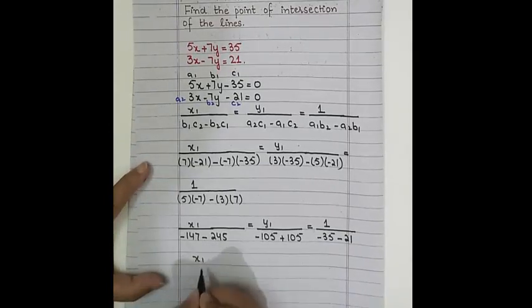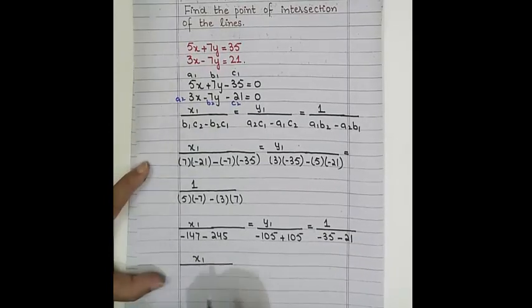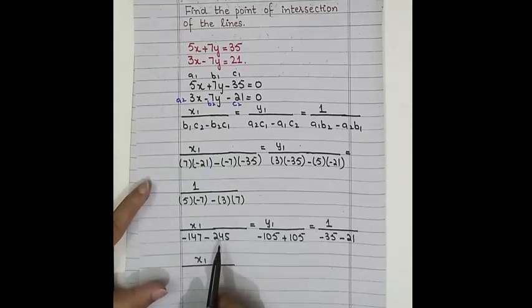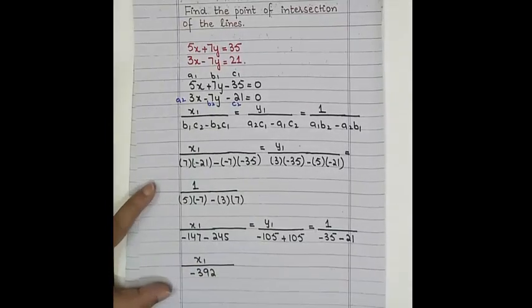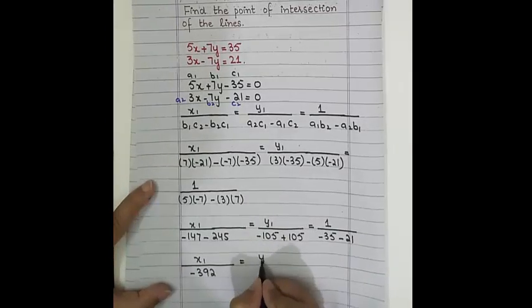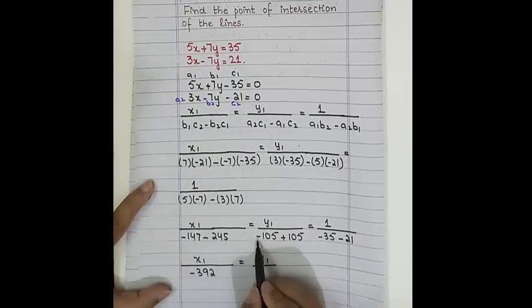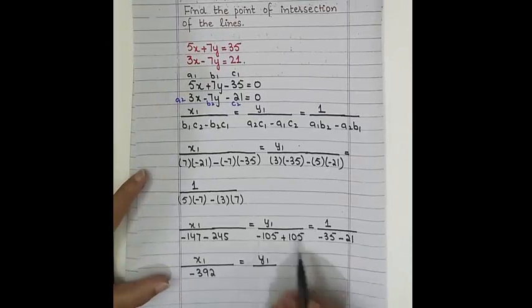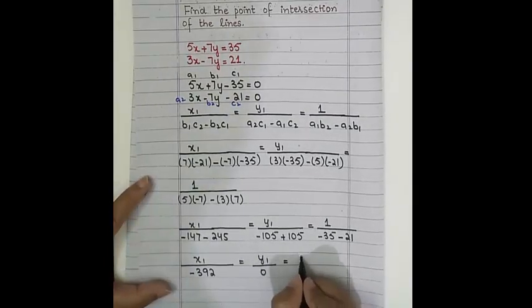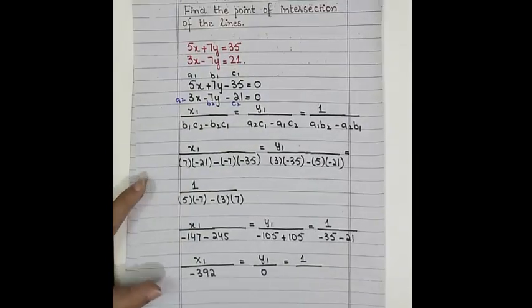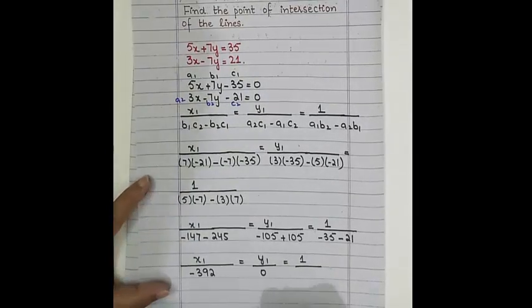Now we have x1 over minus 147 minus 245 is minus 392, which is equal to y1 over minus plus cancel, 105 minus 105 is 0, which is equal to 1 over minus 35 minus 21 is equal to minus 56.